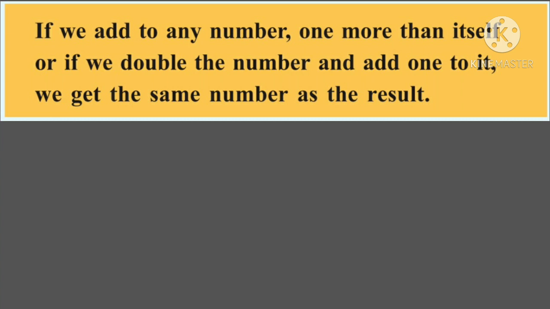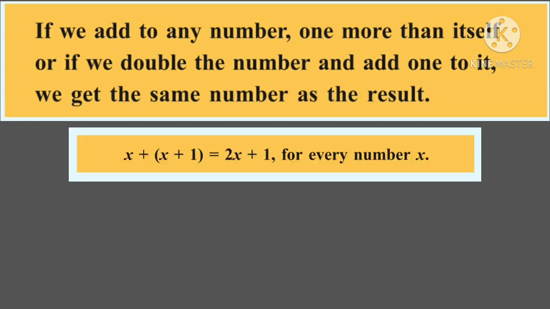This general property of numbers can be denoted in a shorter form using letters. For this, let's write x for the number we start with, and 1 added to it is x plus 1, and the sum of these is x plus x plus 1.